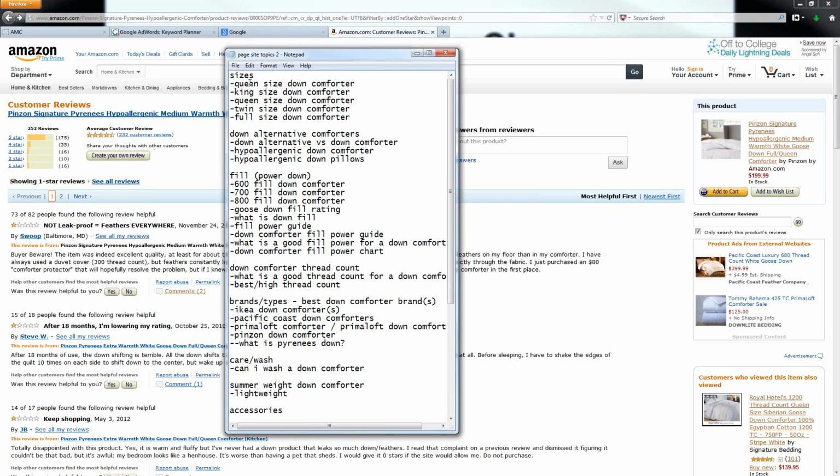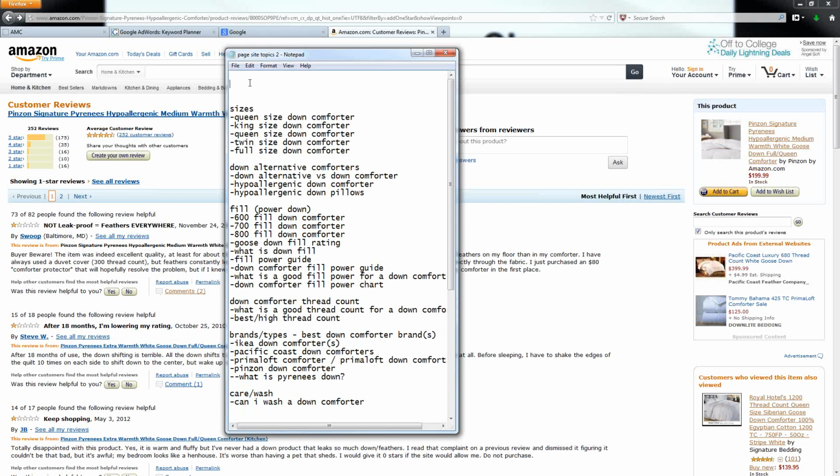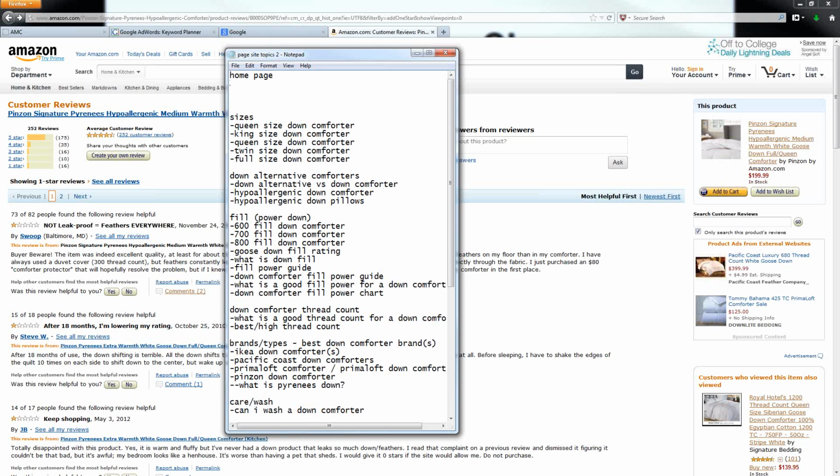So to begin with, what I'm going to do is actually just make a list of all the different pages that I'll be building on my site. Obviously, I'm going to have a home page on my website. When I look at the different sizes that are available for these down comforters, I could easily approach targeting these different sizes in a number of different ways.